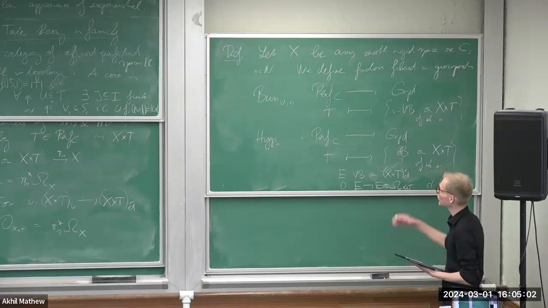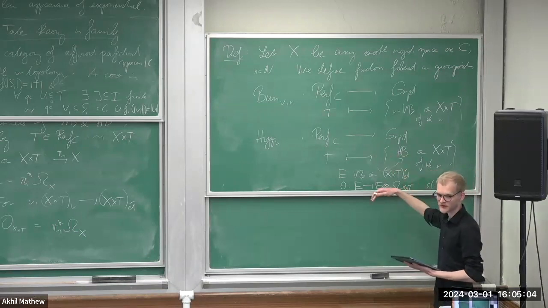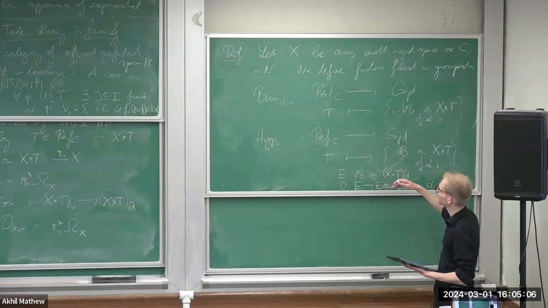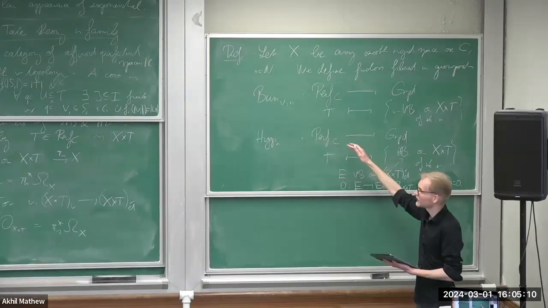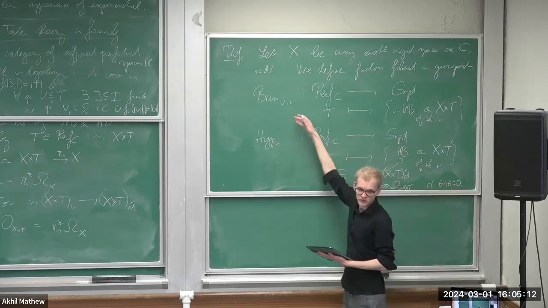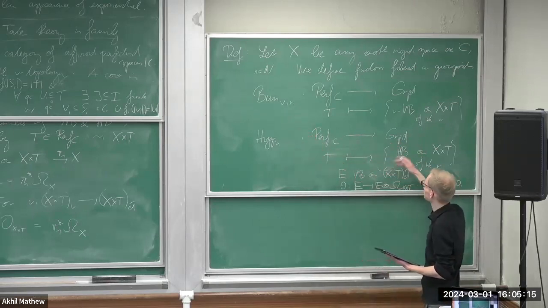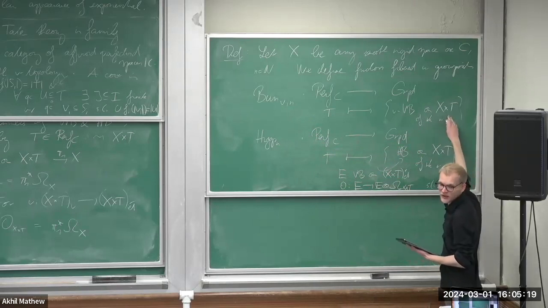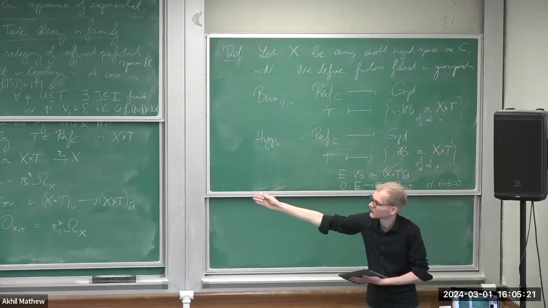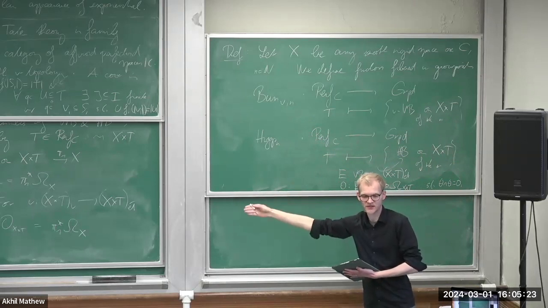At least in order to hope to have any kind of comparison between the two things. Already if we take X to be the point and ask for a comparison between these two spaces, this would mean asking for a comparison between Higgs bundles on Y and B-vector bundles on Y, which we do not have unless there's some properness assumption, and already in this case it is kind of difficult.